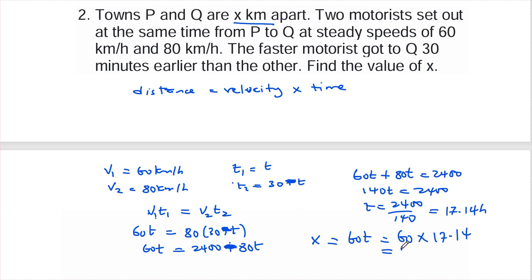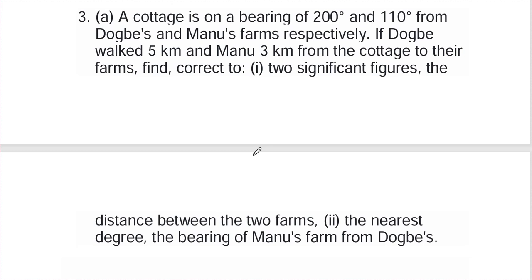So that means 60T, which is 60 times 17.14, and that gives us 1028.4. So this is 1028.4 kilometers. That's the answer to that question. You can see that this is quite easy, right?